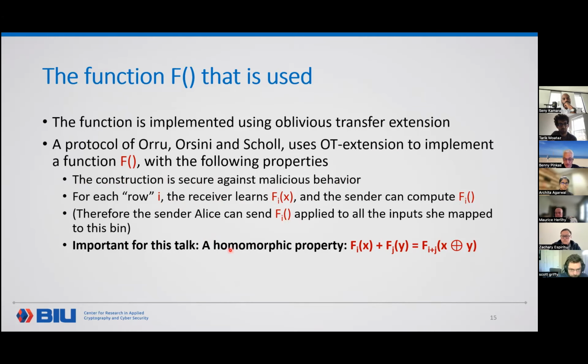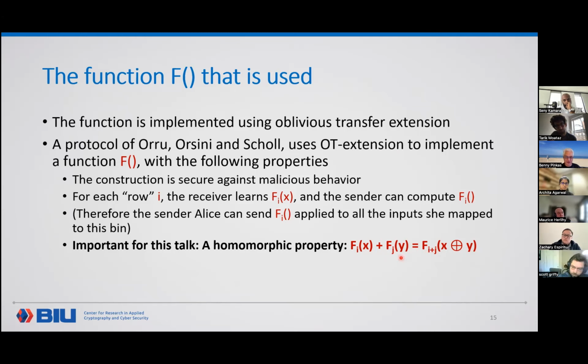And what's important, this function has a homomorphic property. So f_i of x XOR f_j of y is f_{i+j} of x XOR y. So if x was mapped to row i and y was mapped to row j, you have the property that if you add f of row i applied to x to f of row j applied to y, you get f of row i plus j applied to x XOR y.